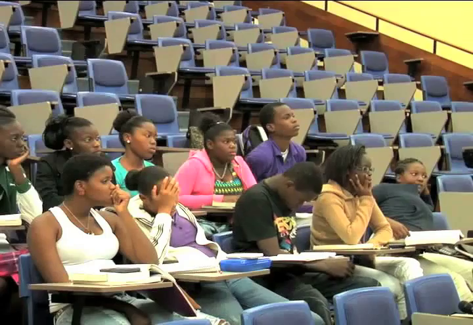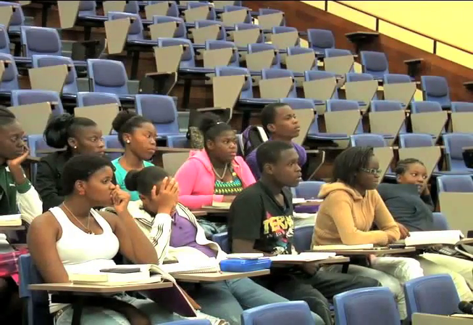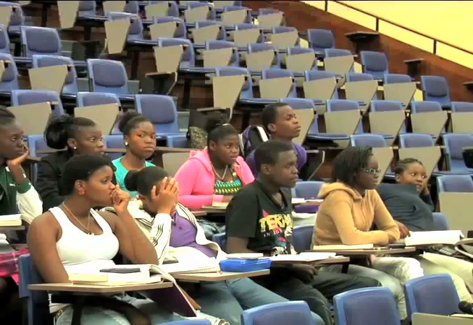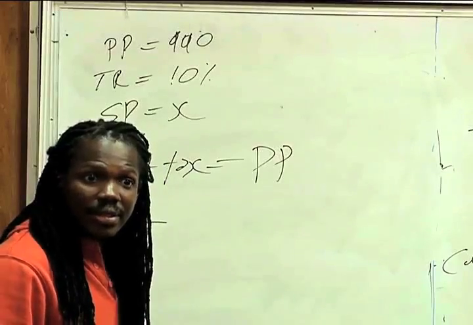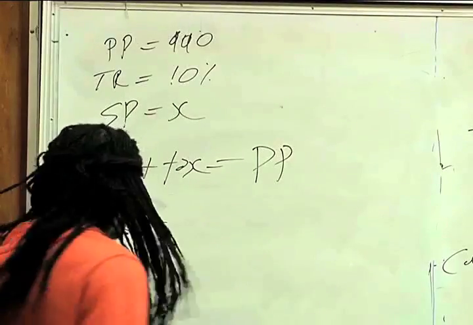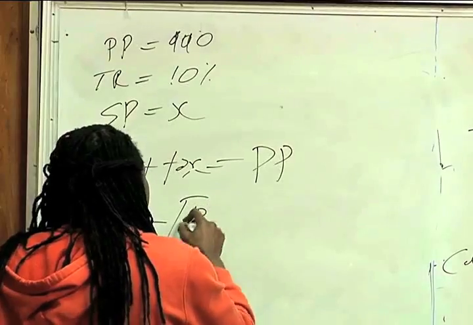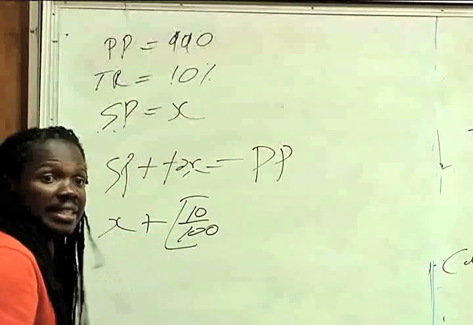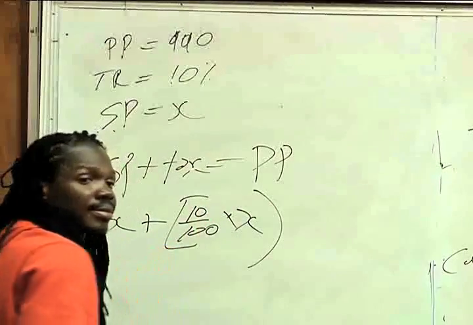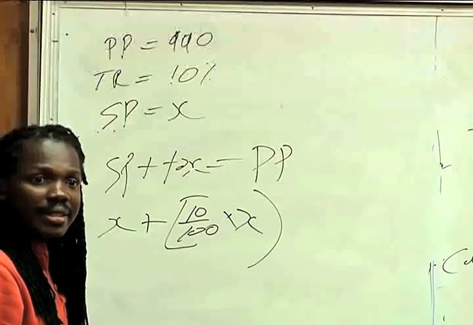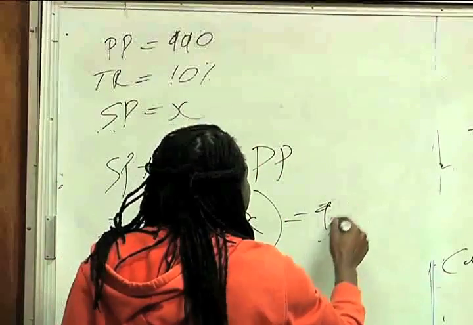Tax is tax rate times selling price. You ever pay 10%? When a man says how much tax? 10%? You give him 10%? No, I give him money. Money. So therefore tax is equal to tax rate 10% times selling price which is X, equal to price paid, which we know is 990.